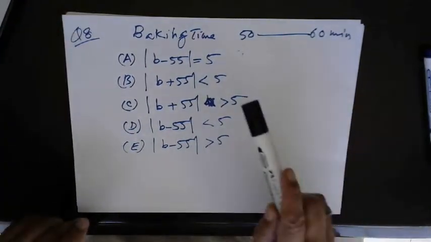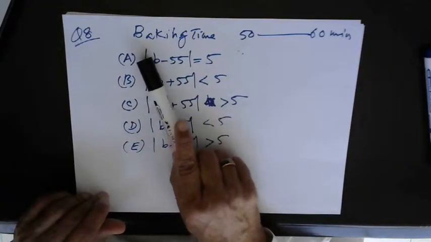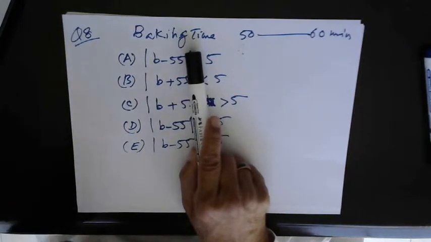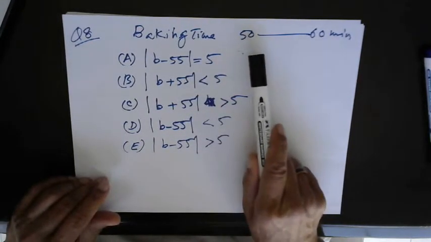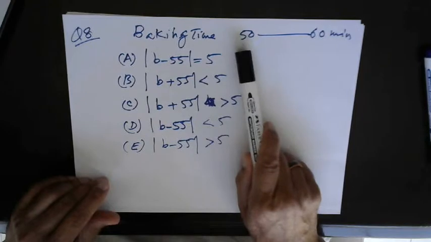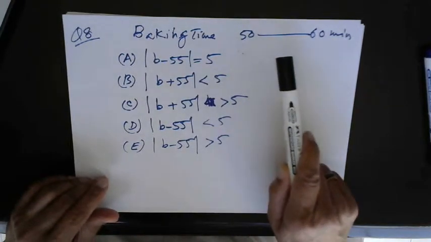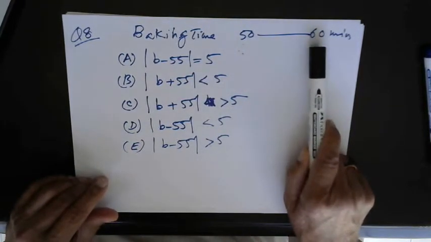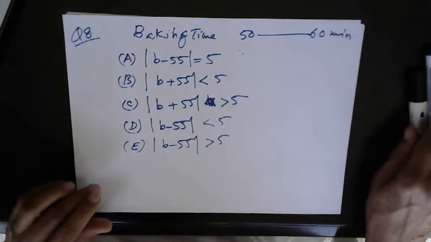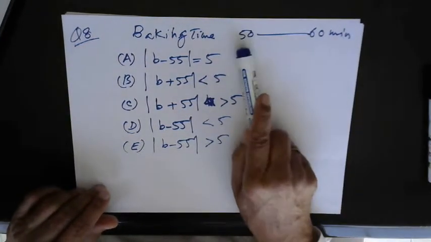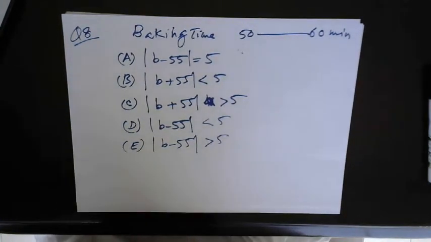The baking time of a certain thing, whatever, is at least 50 minutes, but not more than 60 minutes. Now, these two words, at least 50, means this 50 is to be included.